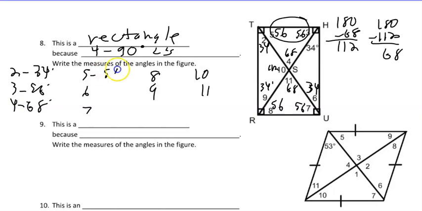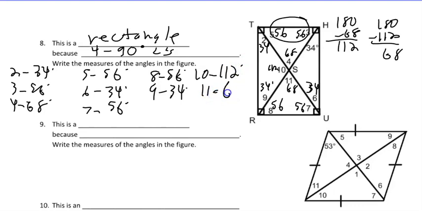Number 5 is 56 degrees. Number 6 is 34 degrees. 7 is 56 degrees. 8 is 56 degrees. 9 is 34 degrees. 10 is 112 degrees. And 11 is 68 degrees.